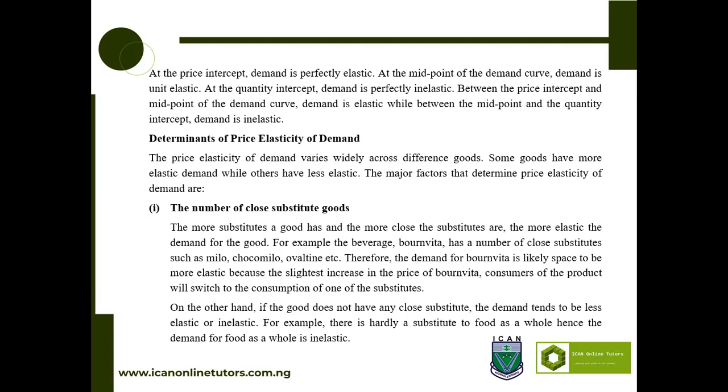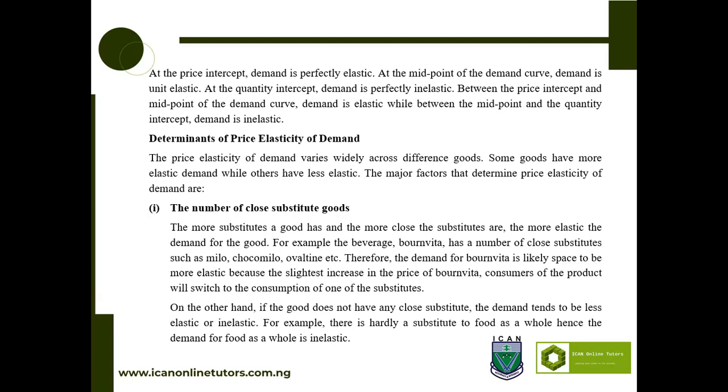Bonvita has a number of close substitutes, such as Milo, Choco Milo, Ovaltine, and so on. Therefore, the demand for Bonvita is likely to be more elastic, because with the slightest increase in price of Bonvita, consumers of the product will switch to one of the substitutes.